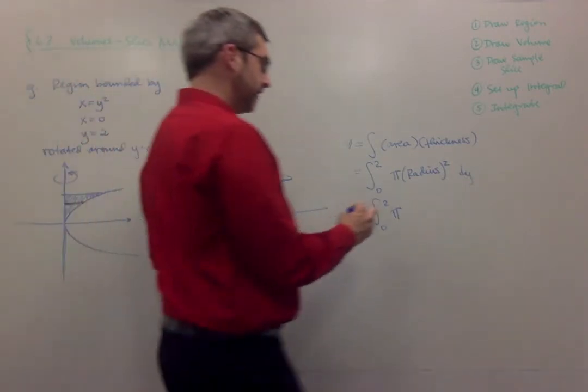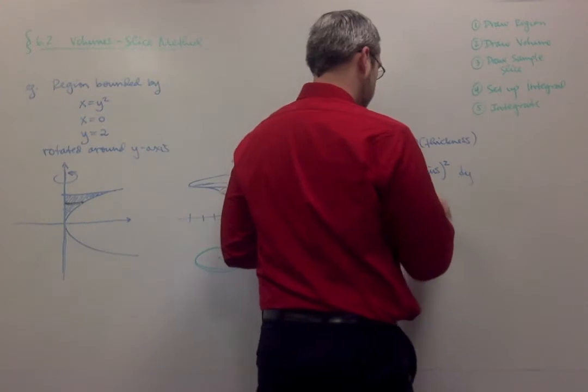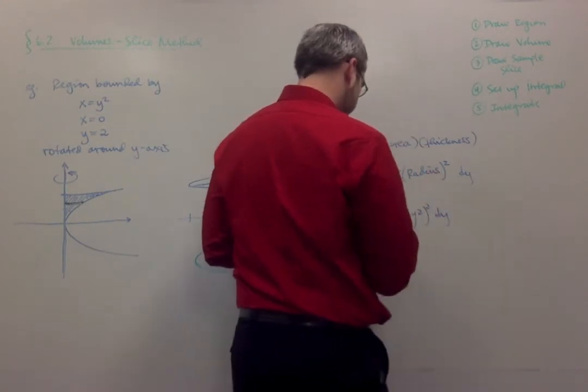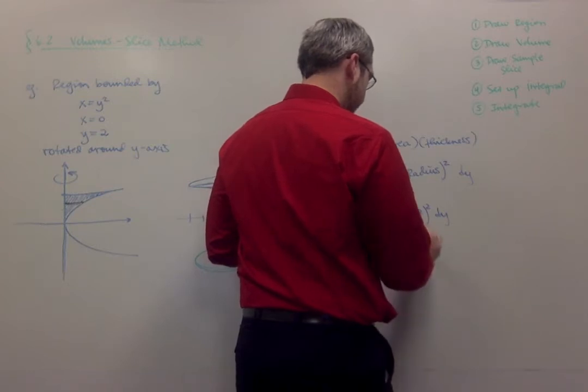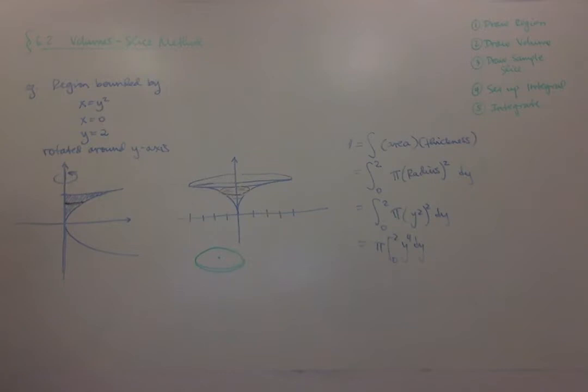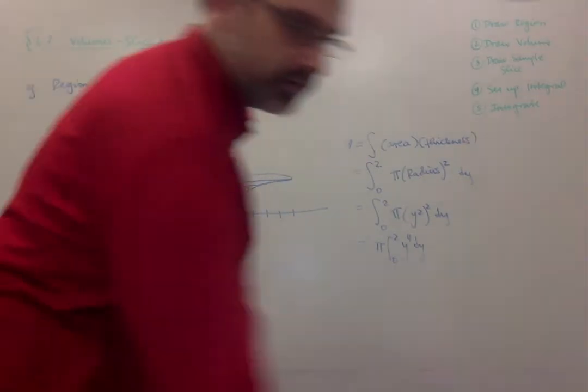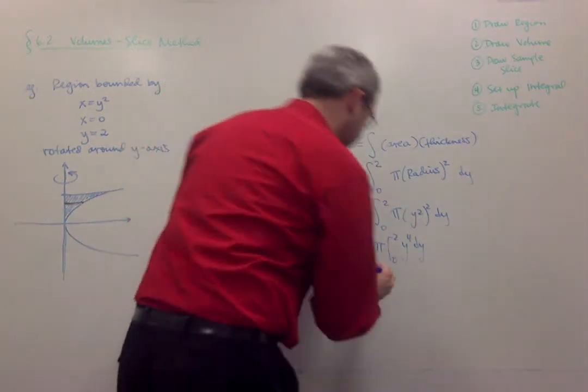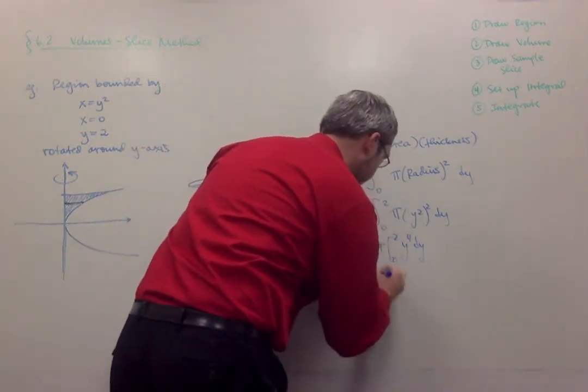So the radius is y squared. So the integral that you need to do is y to the fourth. Okay, does that make sense? dy.